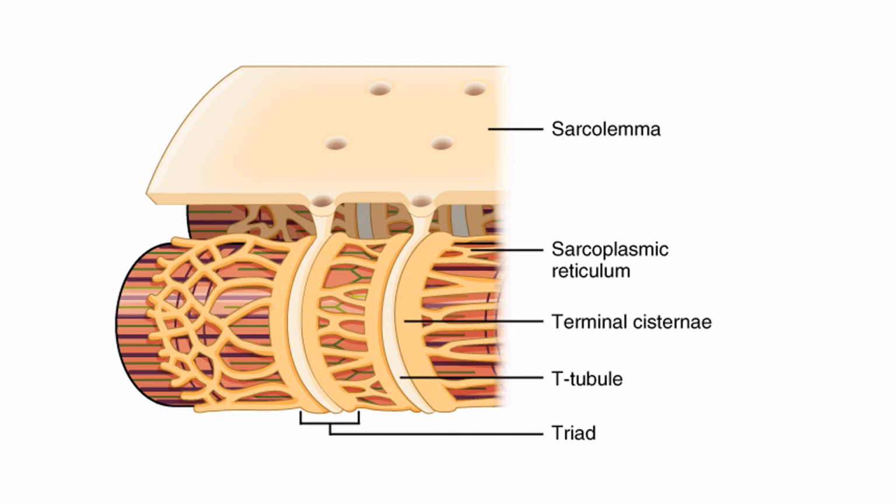The terminal cisterna are discrete regions within the muscle cell. They help to increase the storage capacity of the sarcoplasmic reticulum. We have a T-tubule or a transverse tubule, and these are extensions of the sarcolemma, or the cell membrane, that penetrate into the center of the skeletal muscle.